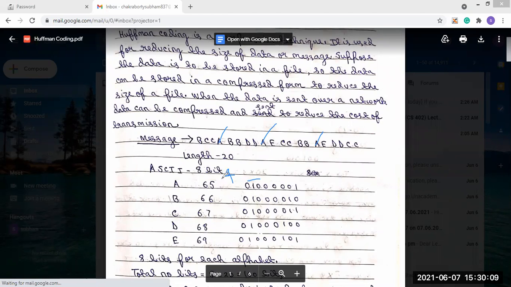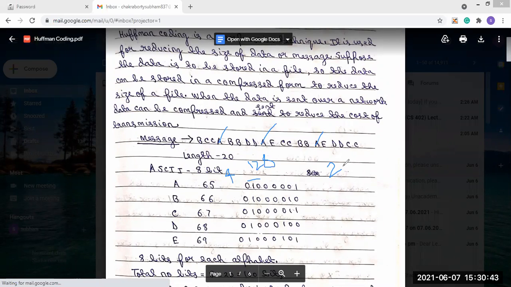With an 8-bit code, we can represent 128 characters. But if you observe, for representing 2 characters, how many bits are required? 0 or 1. Through this we can represent the 2 characters, so for 2 characters we require 1 bit.